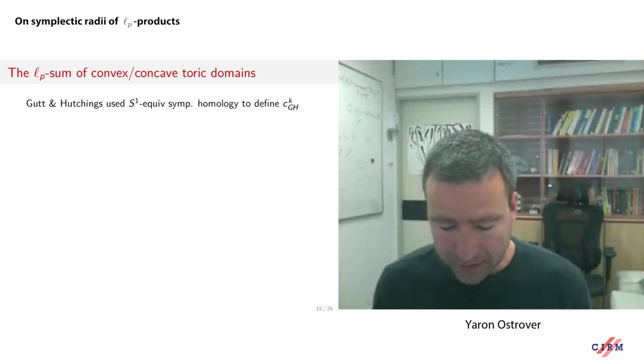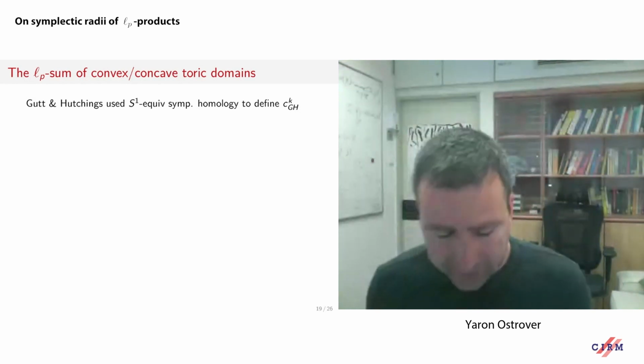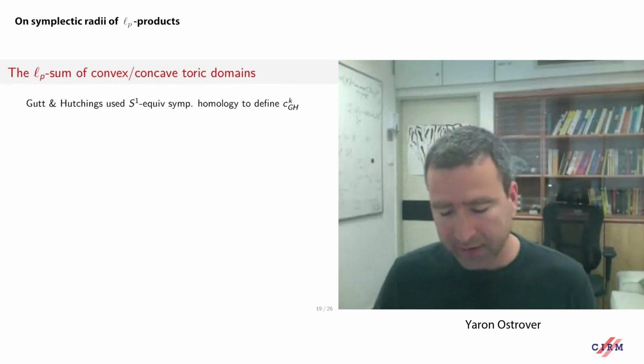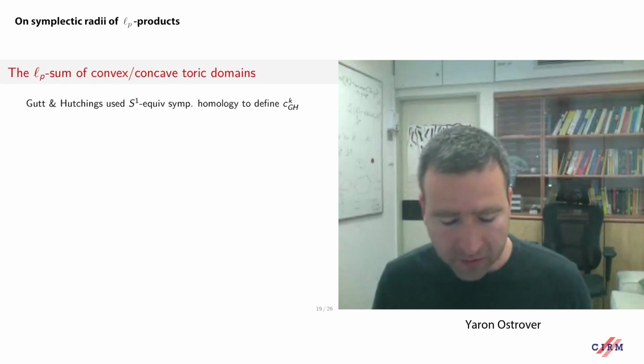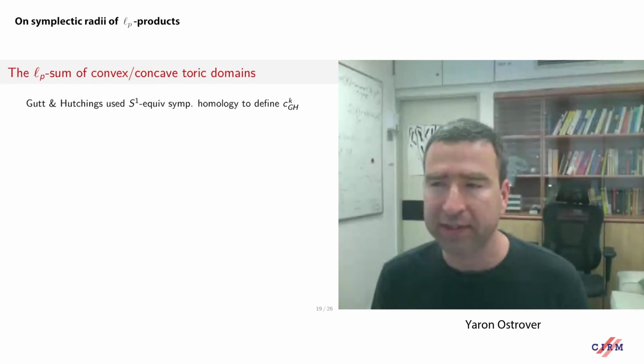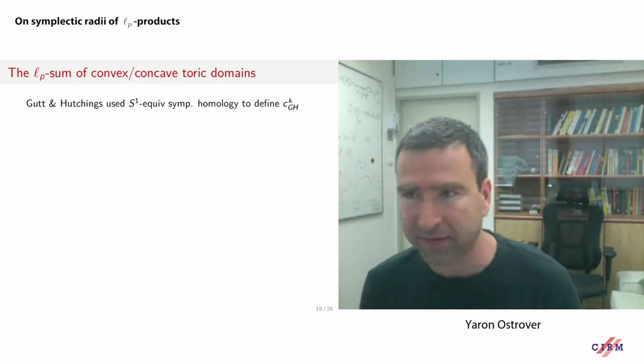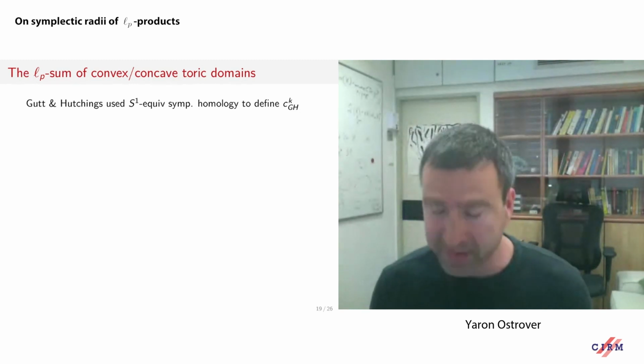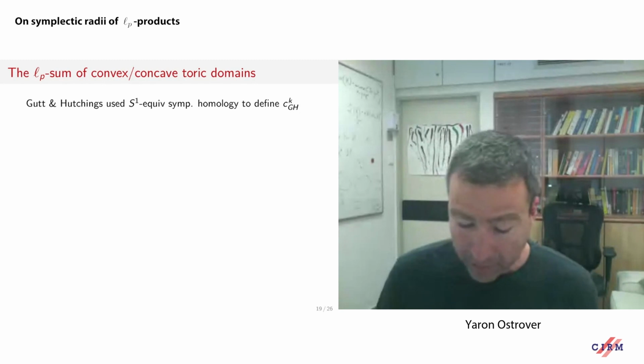And if I understand correctly, these capacities, at least in the class of convex domains, are conjectured to coincide with the Ekeland-Hofer capacities. I'm not sure if this is known or not.